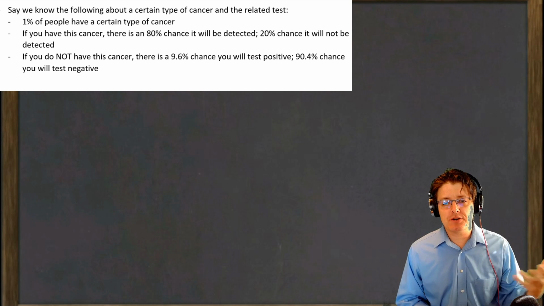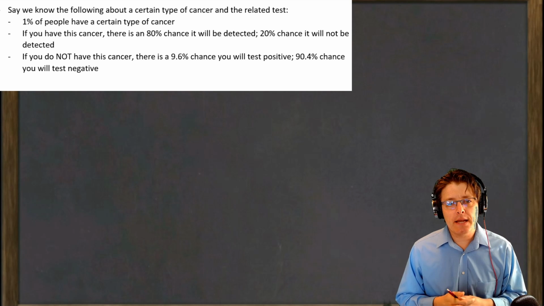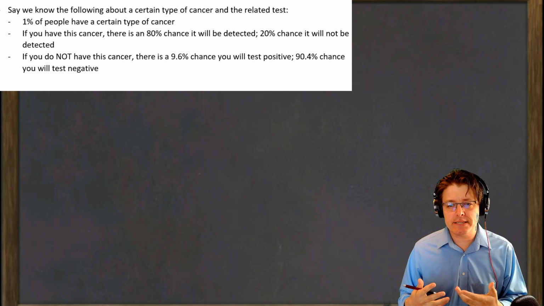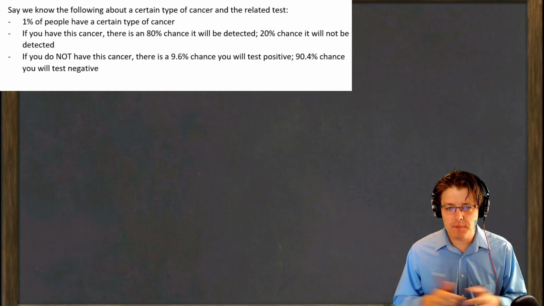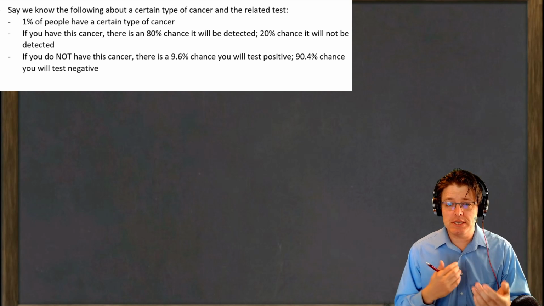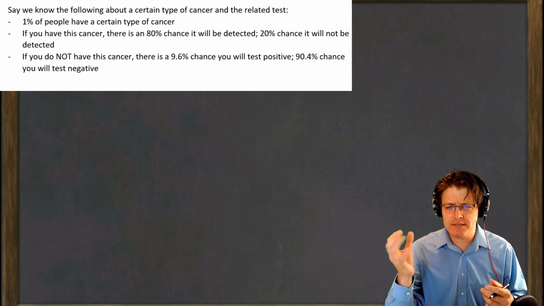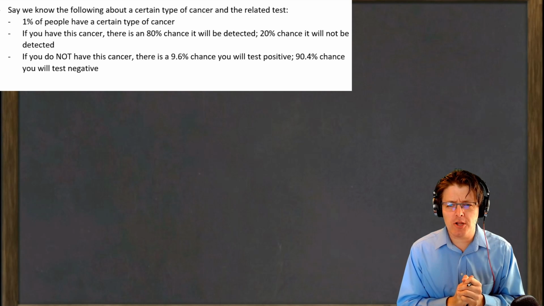And then we have certain tests for those diseases. Oftentimes the initial test is not designed to be perfect. We have simple tests. Maybe it's a colonoscopy, and it may show up some cysts or I don't know what they're called.